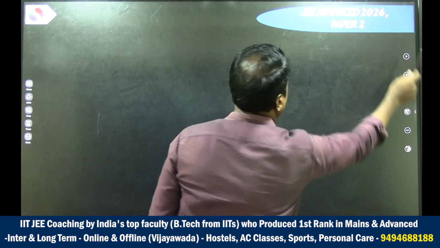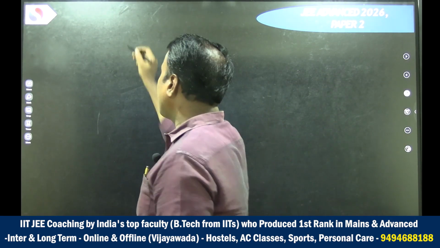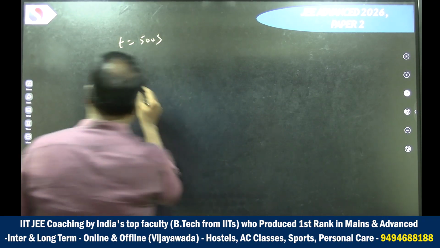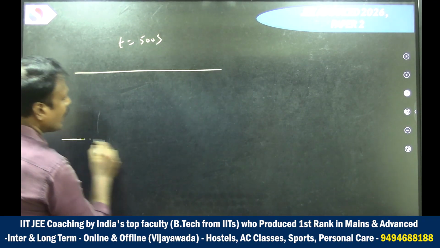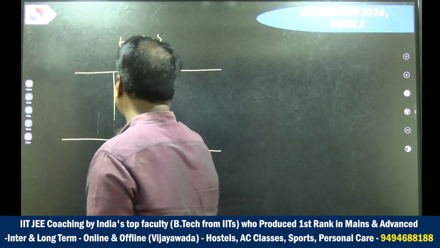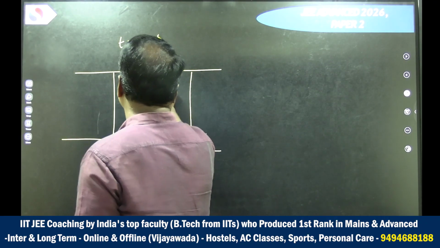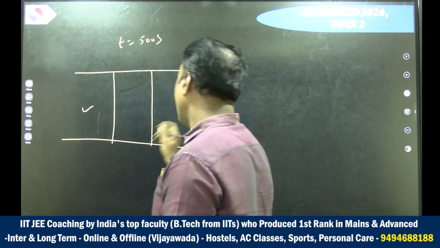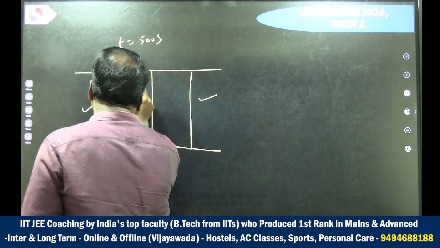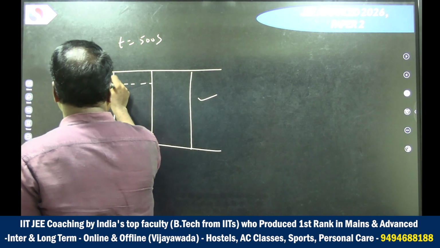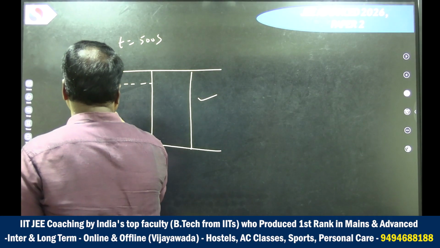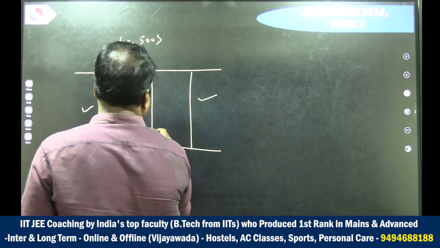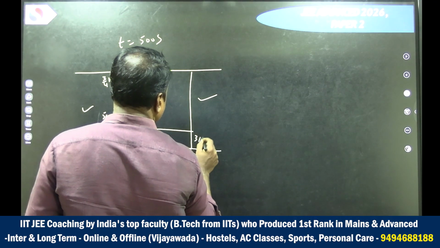Now at time t equal to 500 seconds, if you observe this particular problem, the extreme left and extreme right are the same, unfilled, but this was empty space and this was filled space, and here the reverse occurs.